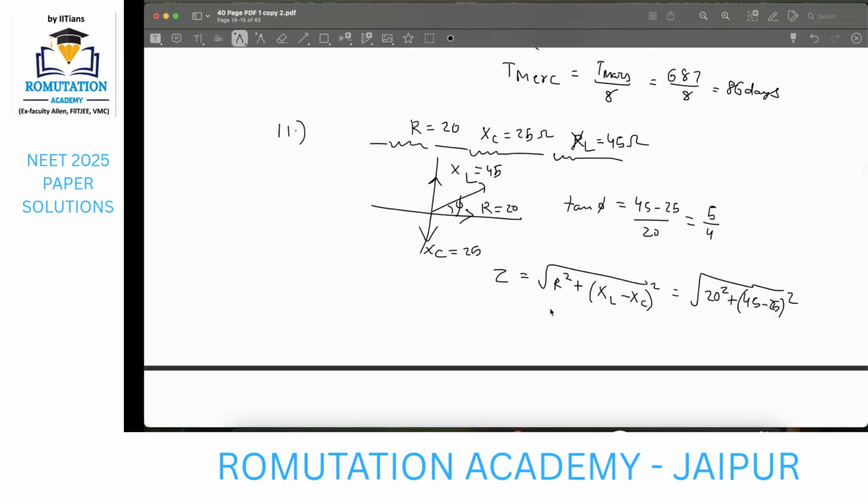So how much will that number be? 400 plus 25 whole square will give me 625, right? So that should give me 1025, and that becomes somewhere around 4 into 5, so that is a square of 45. Is it right? 400 plus 25 whole square, right? 25 whole square gives you 625, and then if I again add them, it will give me 45 only, right?